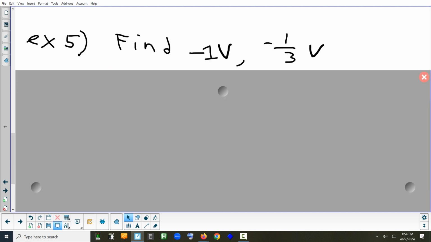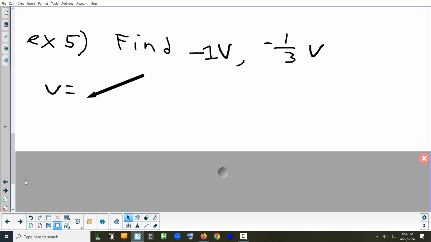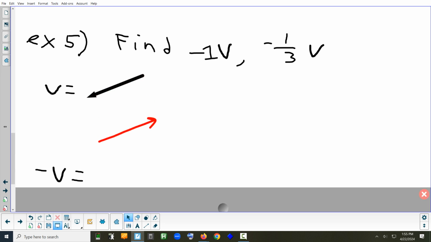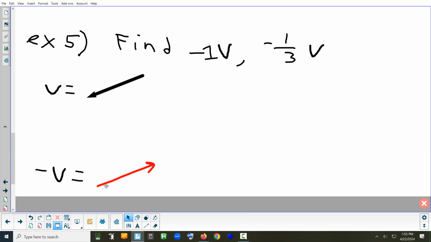All right, let's try this one. Negative 1v. That's the same as just negative v. How would I sketch negative v? Just change the direction, keep the length the same. Keep the magnitude the same and just change the direction. So there's negative v.